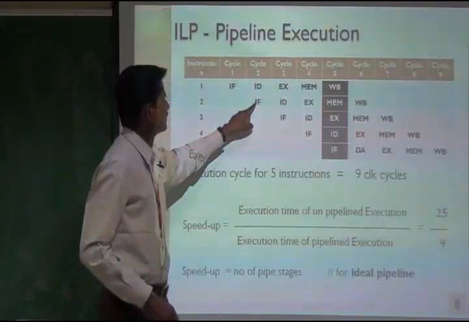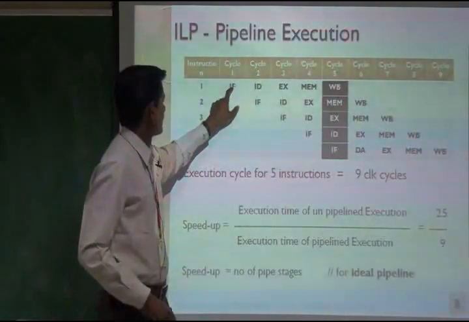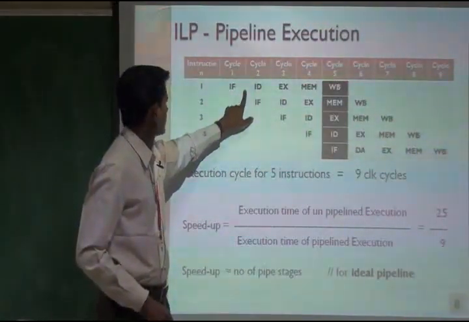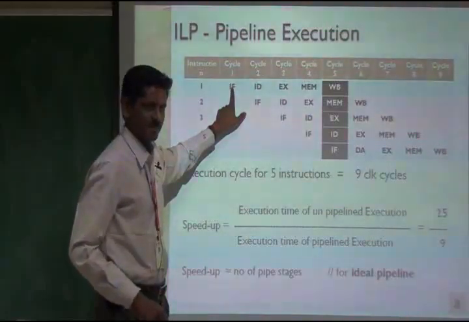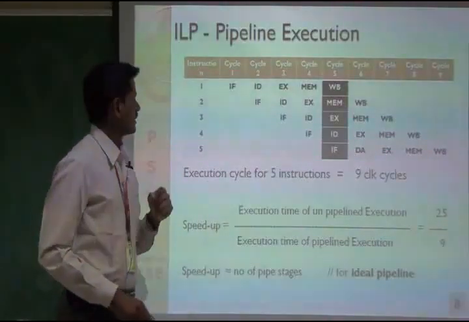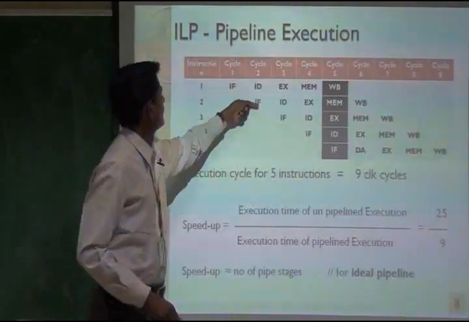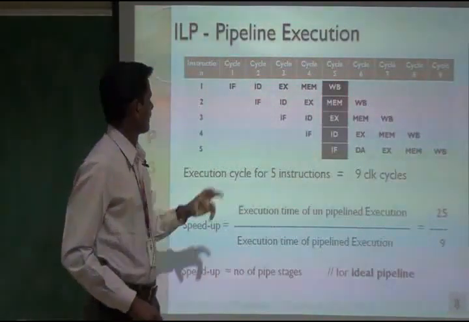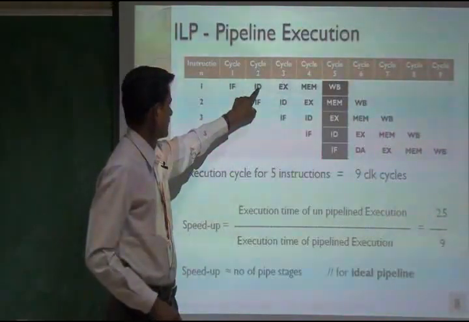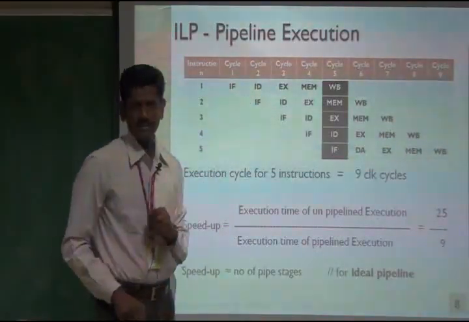In clock cycle 2, listen, the first instruction's fetch operation is completed in clock cycle 1, so the fetch unit is free in clock cycle 2, and instruction 2 uses this fetch unit. So in clock cycle 2, instruction 1 does the decode operation, and at that time instruction 2 enters the pipe and does the fetch operation.